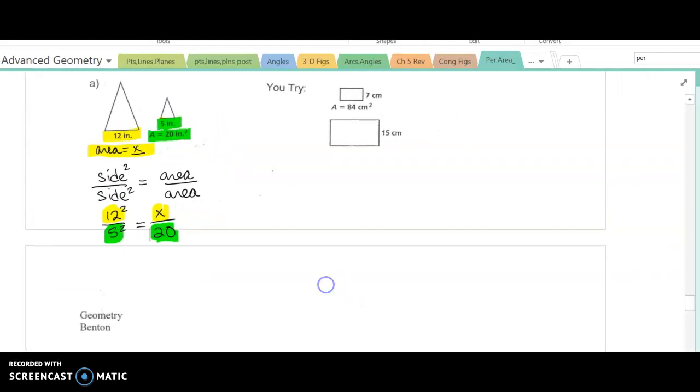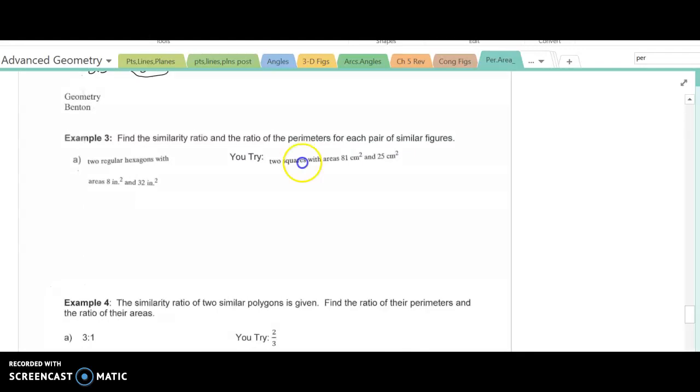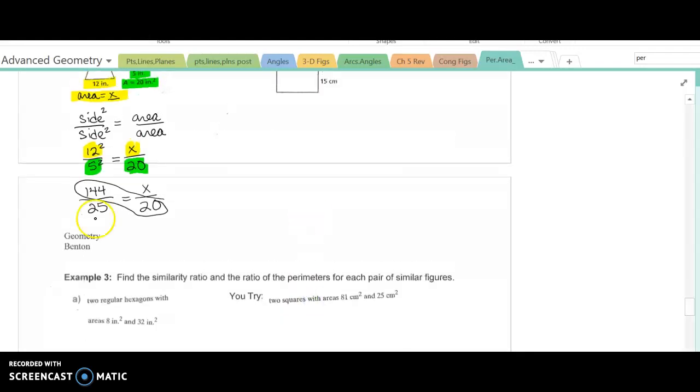Well, it's just a cross multiplication problem. I'm going to make my life easier and deal with my exponents first. 12 times 12 is 144. 5 times 5 is 25. I'm going to do that before I cross multiply. Now I'm ready: 144 times 20 gives us 2,880. And when I cross multiply x times 25, I get 25x, obviously.